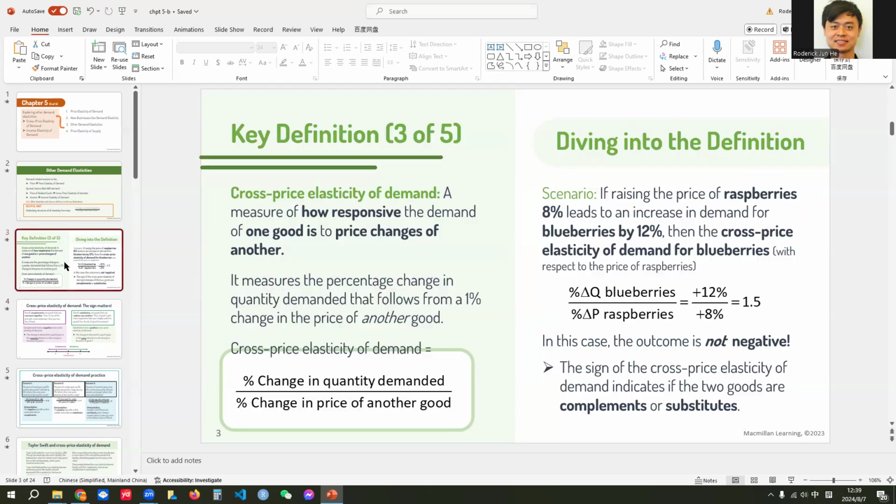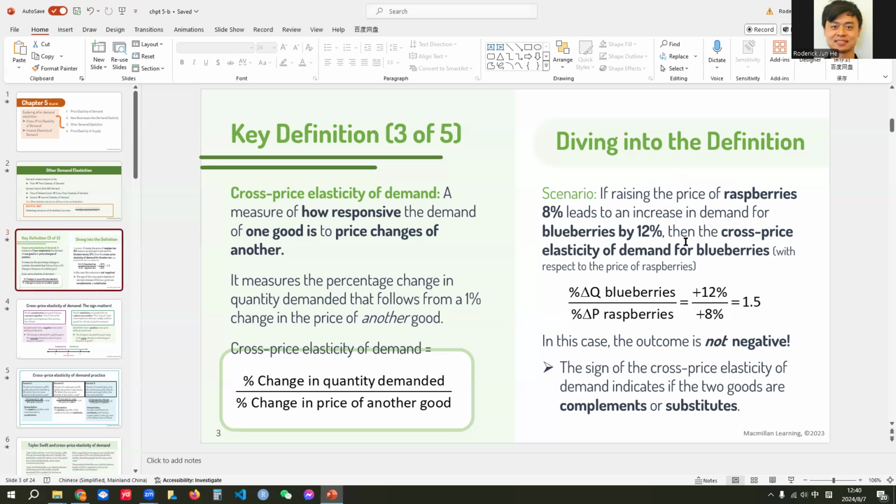And in this case, blueberry is competing with raspberry for consumers. They are close substitutes. Then here, with an 8% price increase of raspberry, consumers buy fewer raspberries, and then the rest of the consumers will be captured by blueberries.